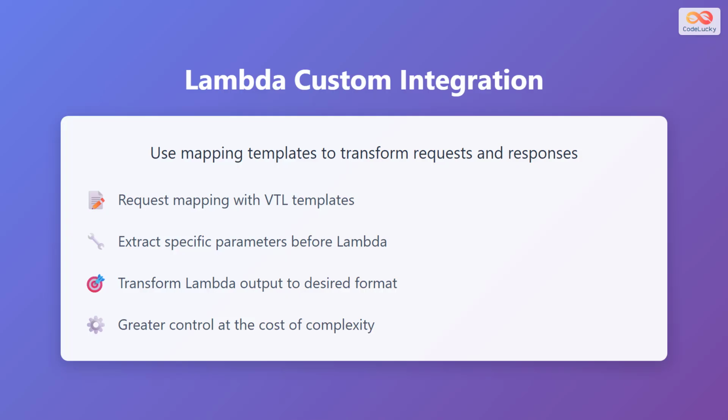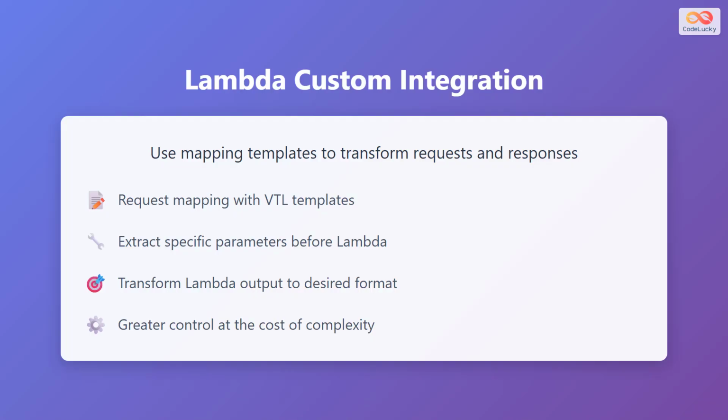Lambda Custom integration offers a different approach with greater control over data transformation. In this integration type, you use mapping templates written in Velocity Template Language, or VTL, to transform requests before they reach Lambda. This allows you to extract specific parameters from the incoming request and restructure them however you need. You can also transform the Lambda function's output into any desired format before it's sent to the client.